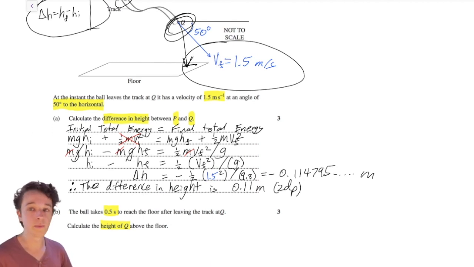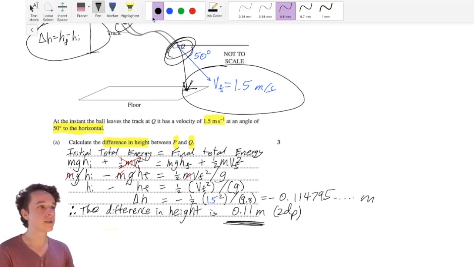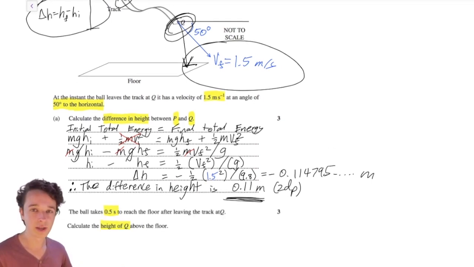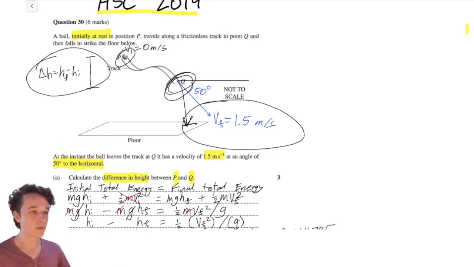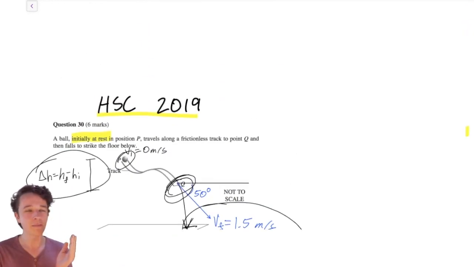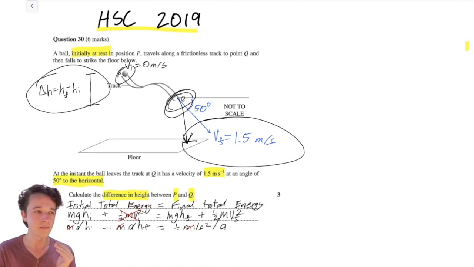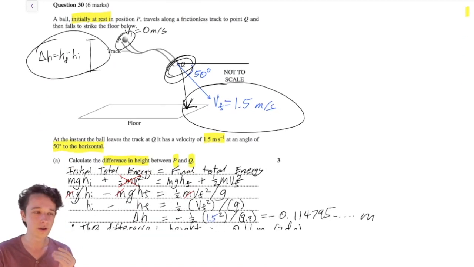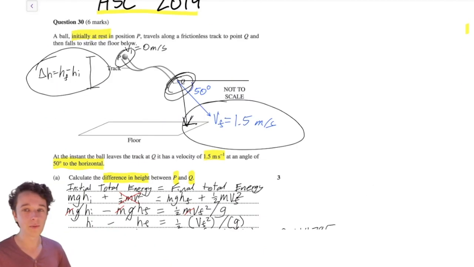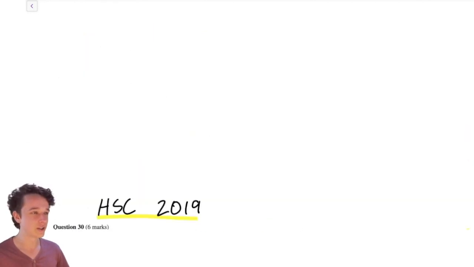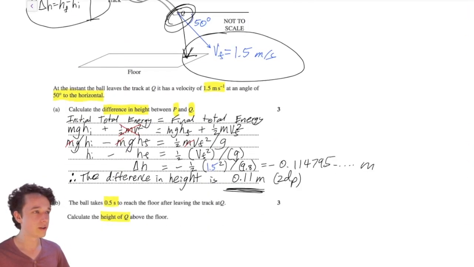And then, really important point, underline the final numeric answer. Because the way the marker is going to be viewing this, now I've never been an HSC marker obviously, but what I imagine is, because I think they get paid per paper or something, they get paid per number of questions they do. So what I would be doing in this situation is just, oh yep, question 30A, 0.11 tick, move on, right?